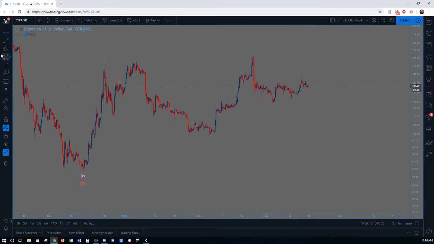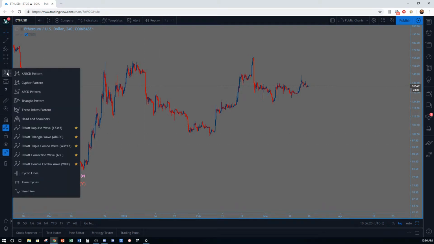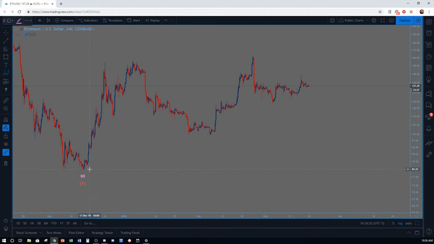All right, so here we've got a move up, right? In the theory that this is some kind of impulse, people would be counting this as a 1 and some kind of 2. Maybe they're saying that 2 ended here.